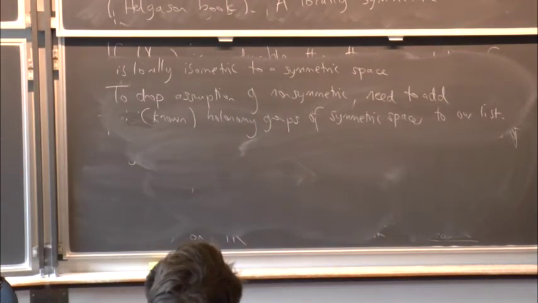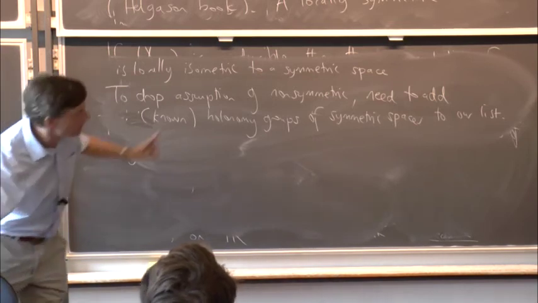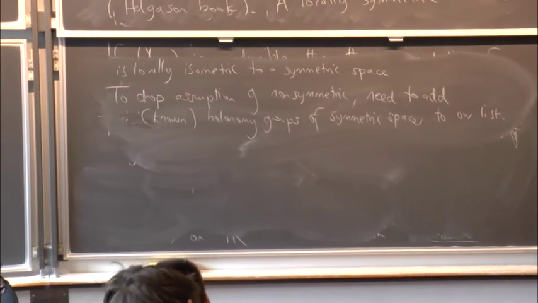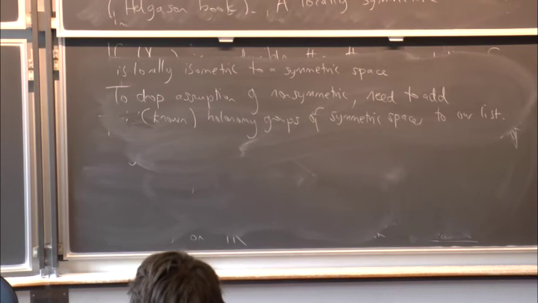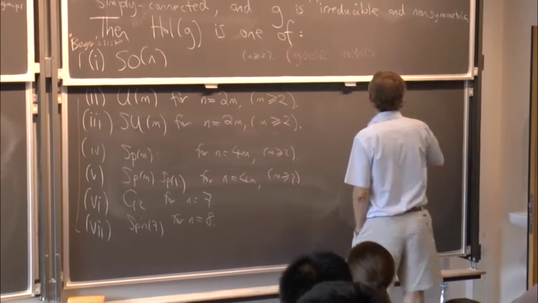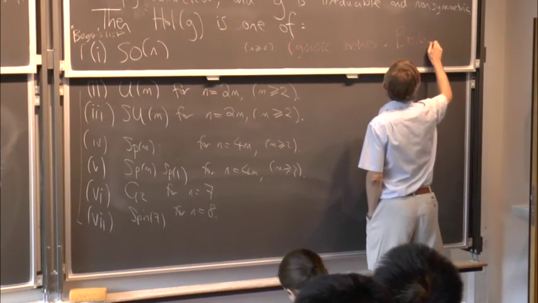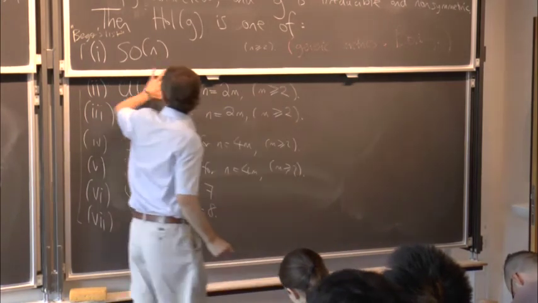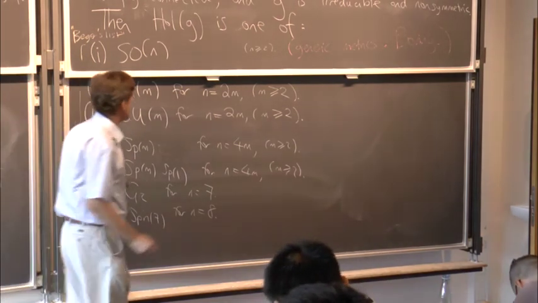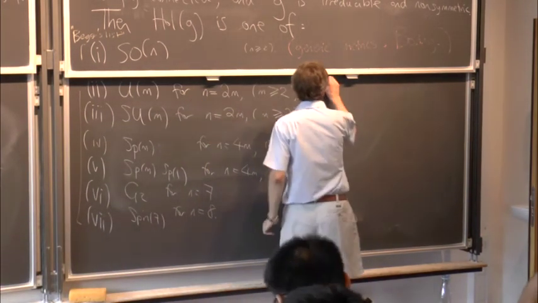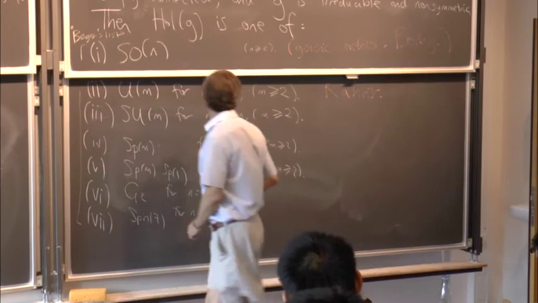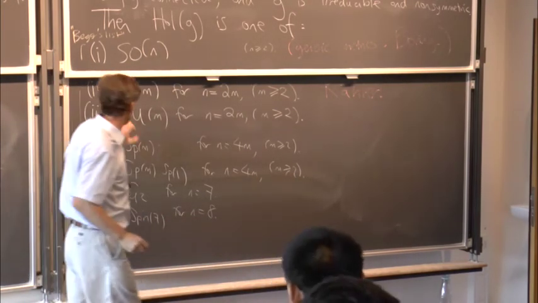So, if you don't mind, I want to add a few things to the right-hand side here before we stop. A comment here is that these are, for generic metrics, SO(n) basically, and SO(n) is a boring holonomy group. So if the holonomy group is SO(n), that says nothing interesting about the metric, really. U(m) are what's called Kähler, and we'll be spending a lot of time talking about these. SU(m) are what's called Calabi-Yau.